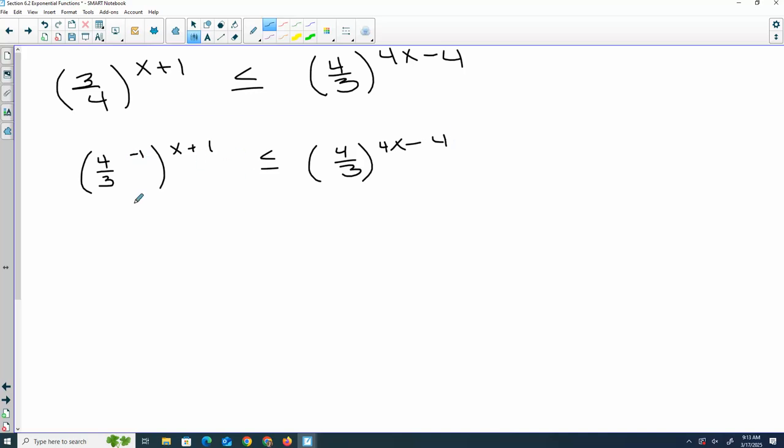What do we do with these exponents? Multiply. Power to a power, we multiply. Once you have the same base on each side, you drop it.